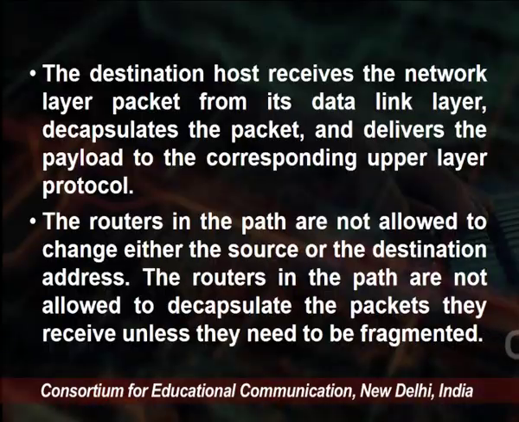Now, what happens at the receiving end? At the destination end, the network layer packet is received by the network layer from the data link layer. So, the communication goes like this: the transport layer gives it to the network layer, then the network layer in turn gives it to the data link layer.